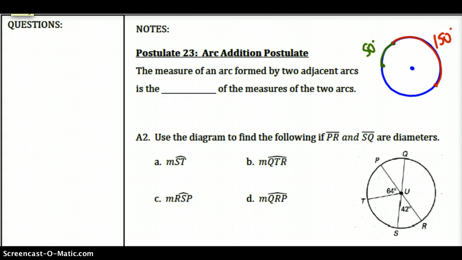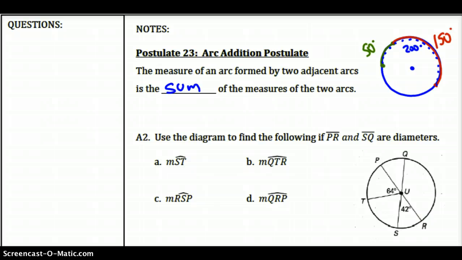And to figure out the whole total, I would just add them together. So this is just the sum of the measures of the two arcs. So this would be 200 degrees.